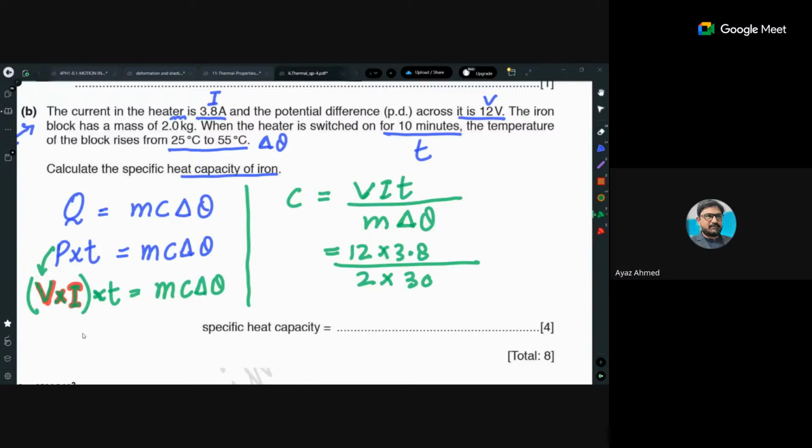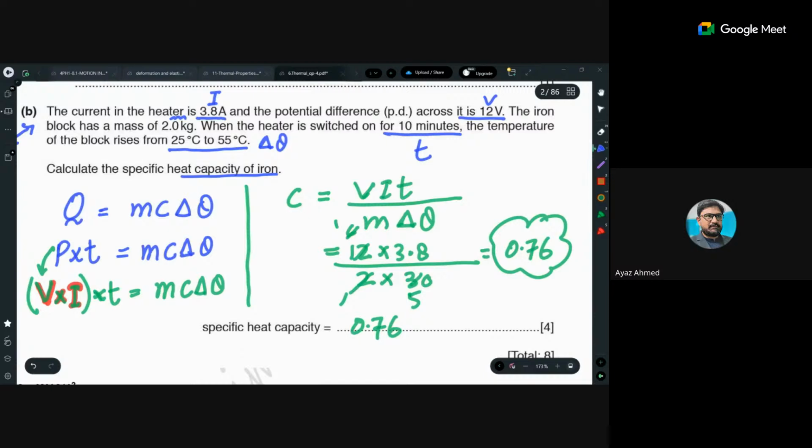It is 216 and 61653, so 0.76. I almost reached it. But what unit will you give it? Joule, kilogram, centigrade.